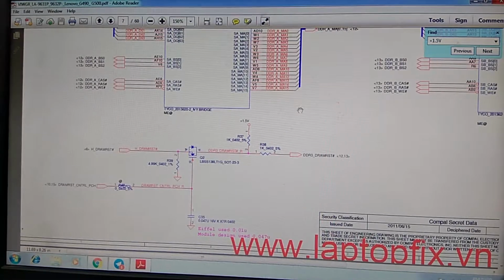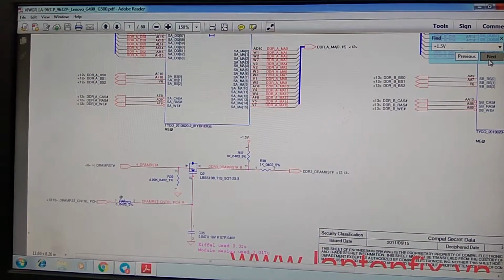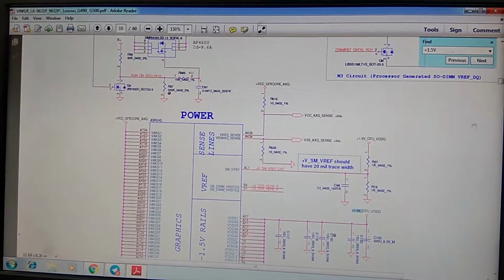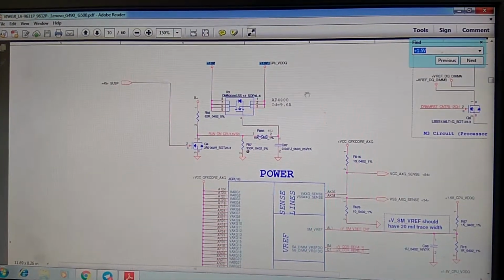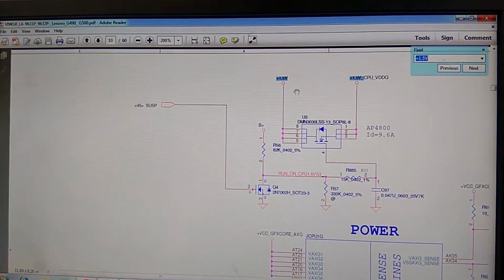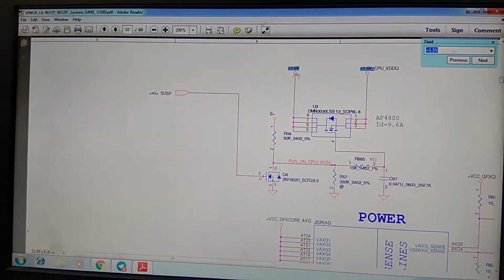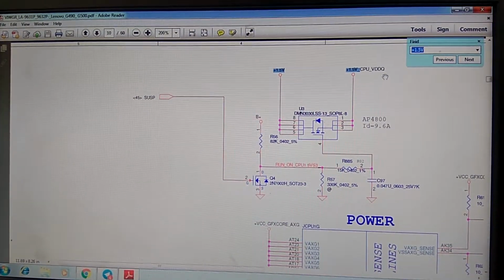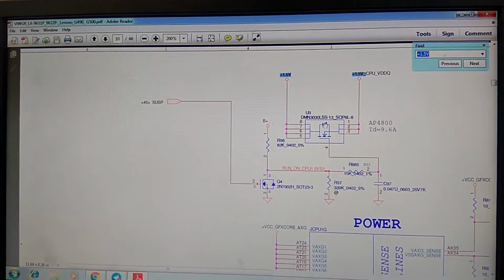Okay, now search more where it's going. 1.5 volt is different. CPU VDDQ 1.5 volt. You can see here U3 is converting 1.5 volt to 1.5 volt CPU VDDQ. Okay, remember we have to check U3.